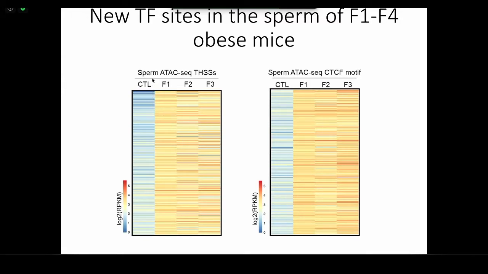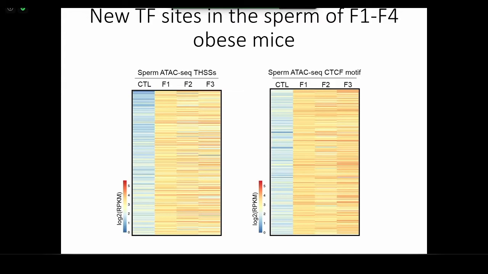So for example, these are all the ATAC-seq sites. When we look at the germline of mice exposed to BPA in different generations, we see very few losses of ATAC-seq signal. And in all the experiments that I'm going to tell you about, we do ATAC-seq and we select specifically for fragments that are between 50 and 118 base pairs.